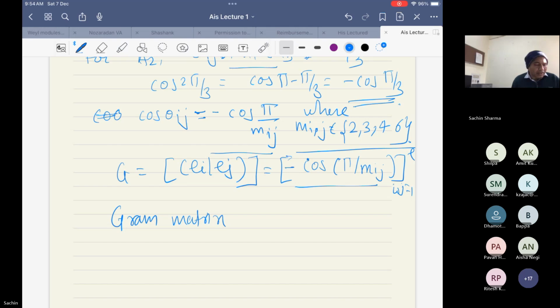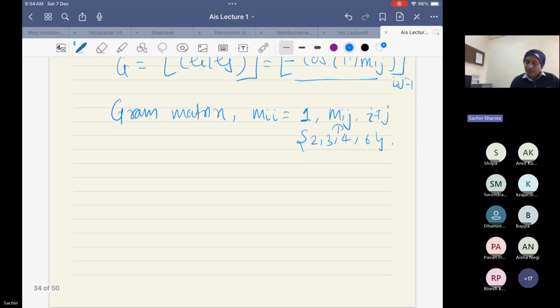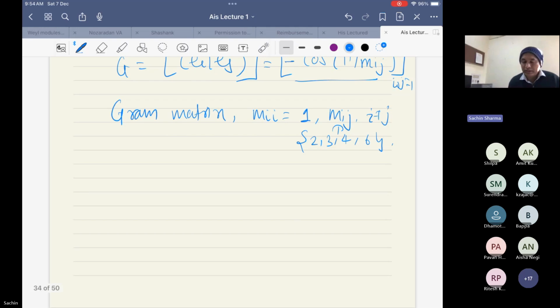Now we have, with all these things, that mii is equal to 1 and mij for i not equal to j belongs to the set 2, 3, 4, 6. So far we are heading towards our goal.